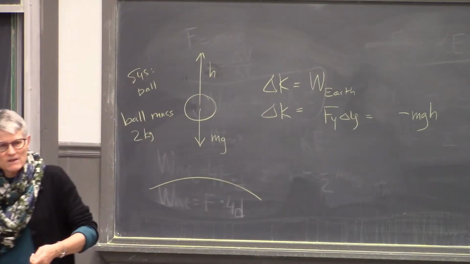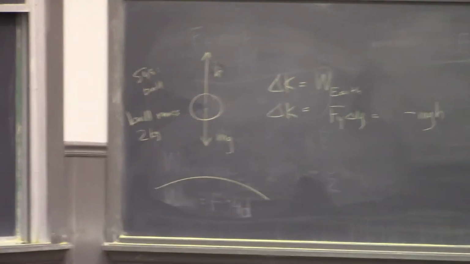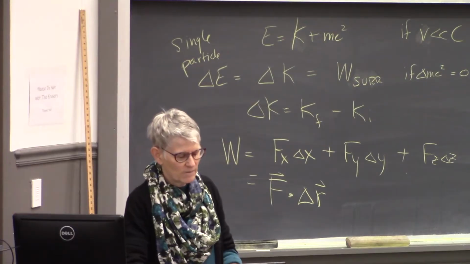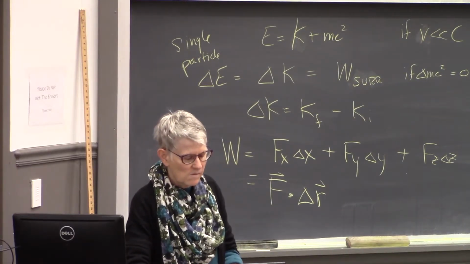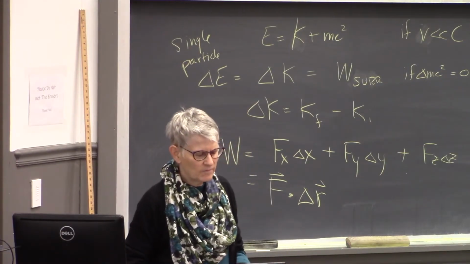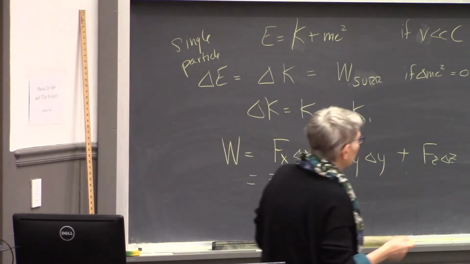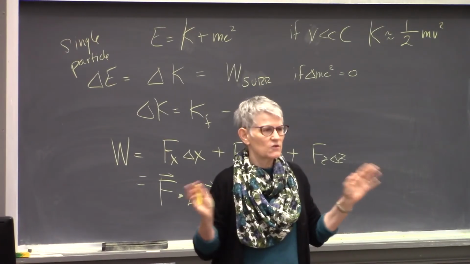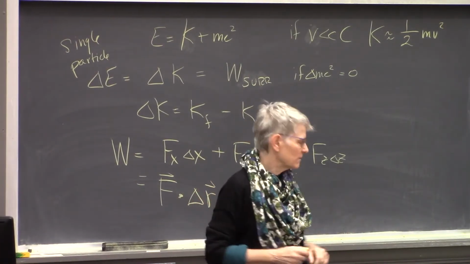It slows down. That makes sense if it's going up. And there's no potential energy involved because we chose the ball as our system, so one system, right? Okay, this is all okay.